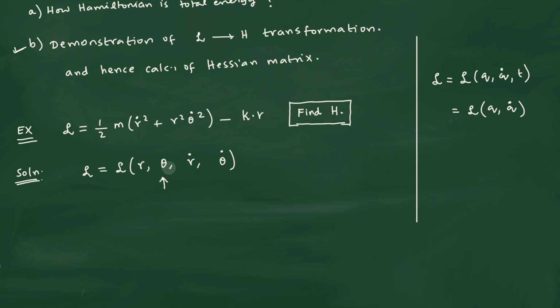Okay, you can always have a missing variable, that is fine, but the number should be matching. If there are two dotted variables here, r dot and theta dot, two of them are there, you should also have two undotted variables without dot. That is a requirement.